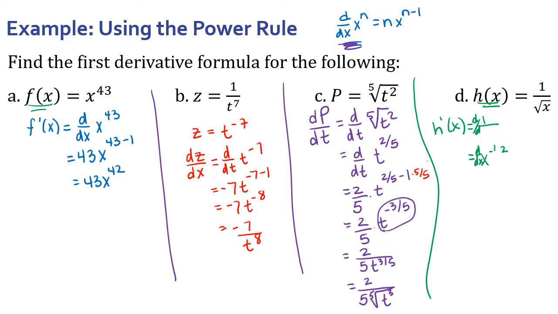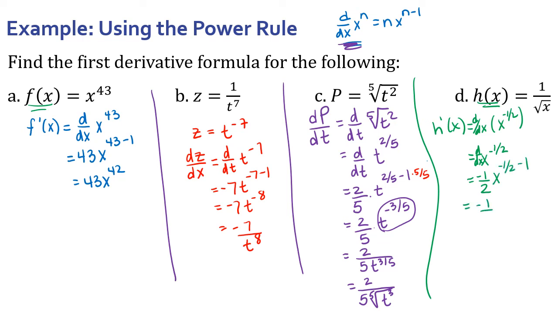Let's make this a little prettier. d over dx of x to the negative 1/2. Now I can apply that power rule. So that's going to give me negative 1/2. When I take the derivative, notice I don't have d over dx or d over dt anymore, because I've actually applied that now. So move that up, and then we've got x to the negative 1/2 minus 1.